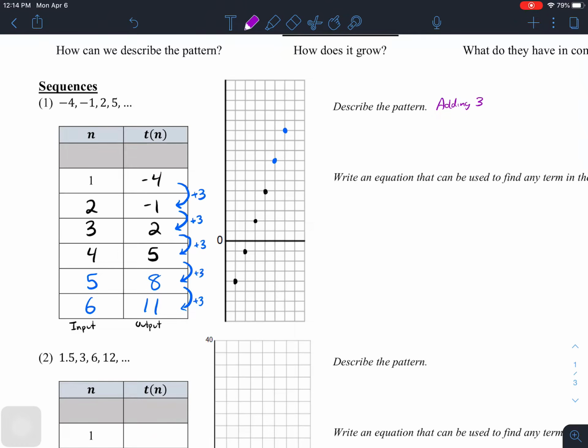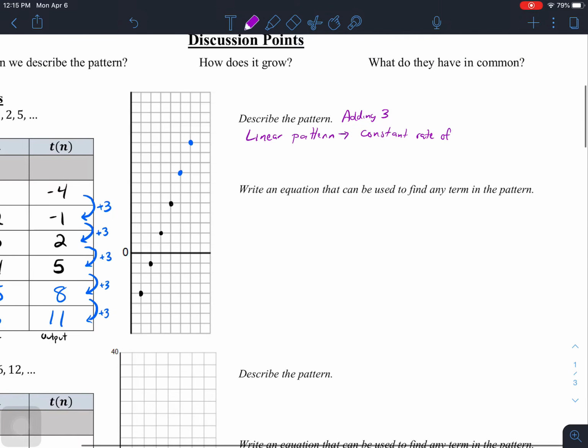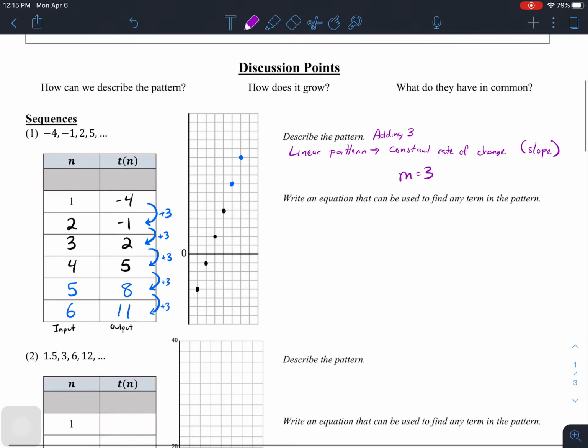Because that is a constant rate of change, I'm looking at a linear pattern, which tells me I have a constant rate of change, which we refer to as slope. And so my slope is 3. It's actually the same as what my pattern was. I was adding 3. My slope is 3 for this.